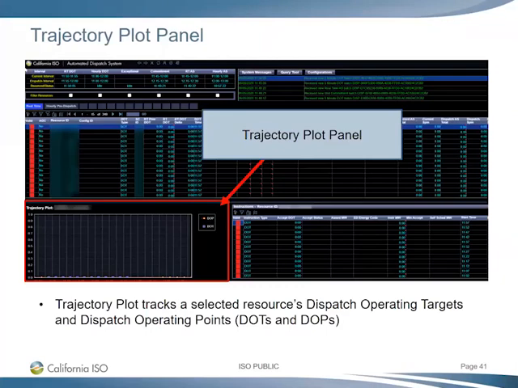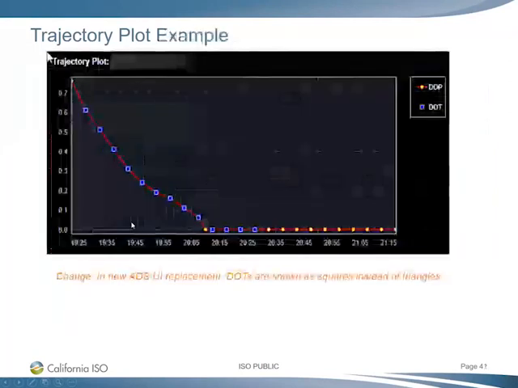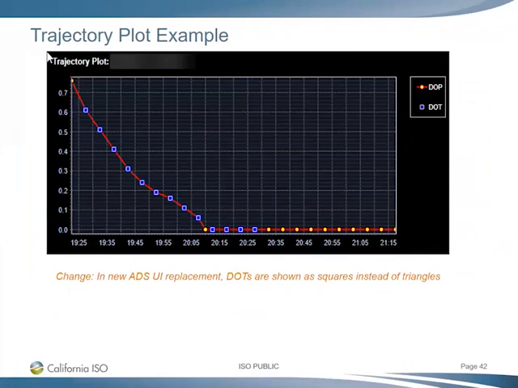Okay, so for the trajectory plot panel or grid, today you have a trajectory plot which tracks the selected resource's DOT, or dispatch operating target, and the dispatch operating point, or the DOP. You'll see it looks really similar. It's got the little definition up here. It's got a little plot. Let me go to the next slide here to just give a better example.